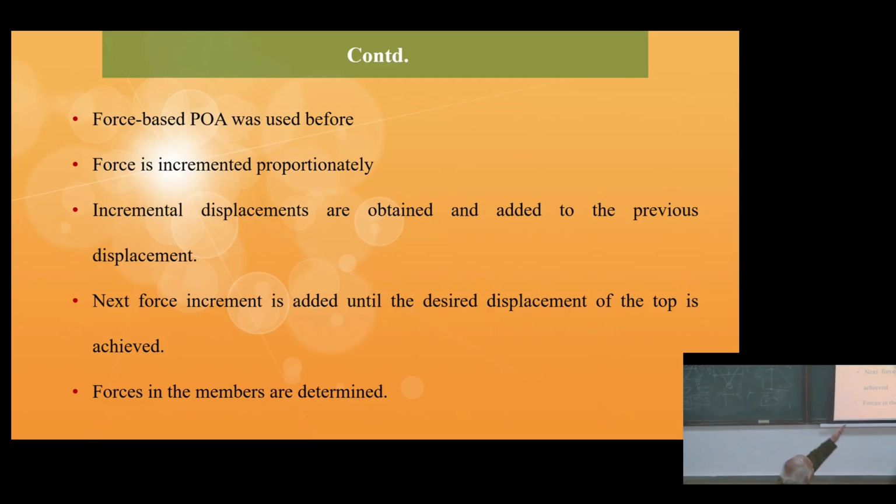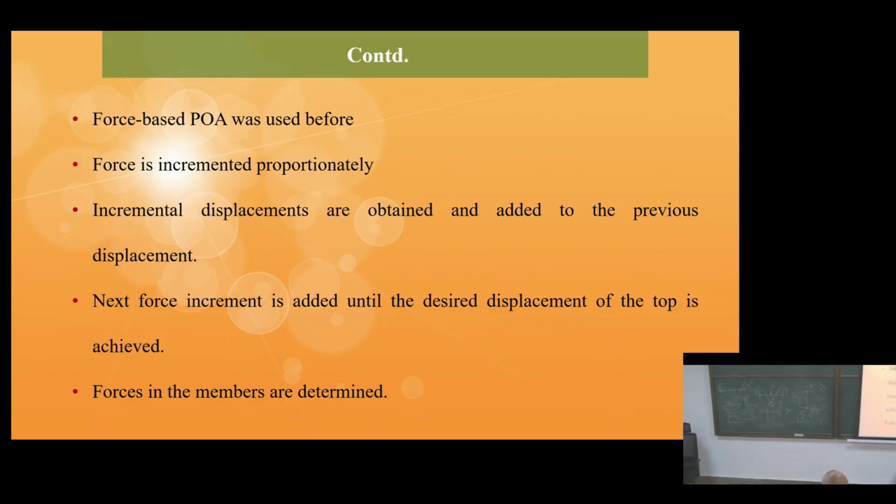Okay. Now the summary of the force-based POA is that force is incremented proportionately, right? Incremental displacements are obtained. For each increment of load, you have an incremental displacement added to the previous displacement. The next force increment is added until the desired displacement of the top is achieved.